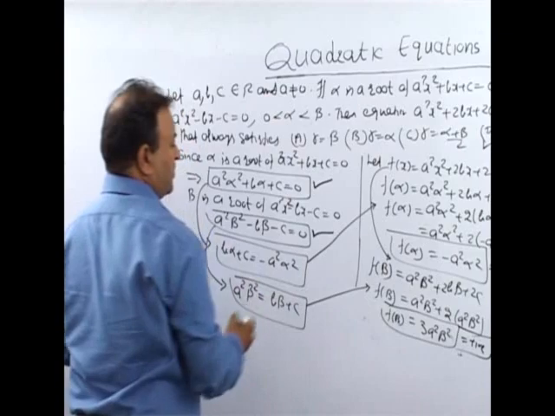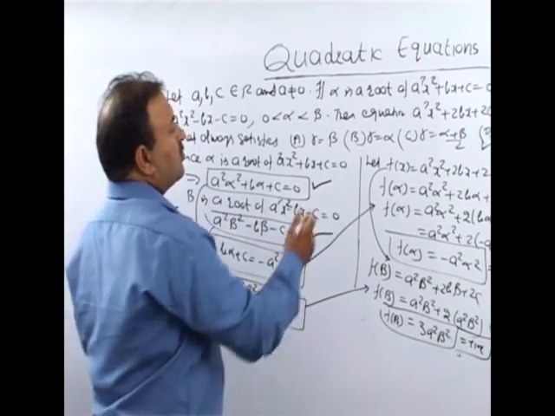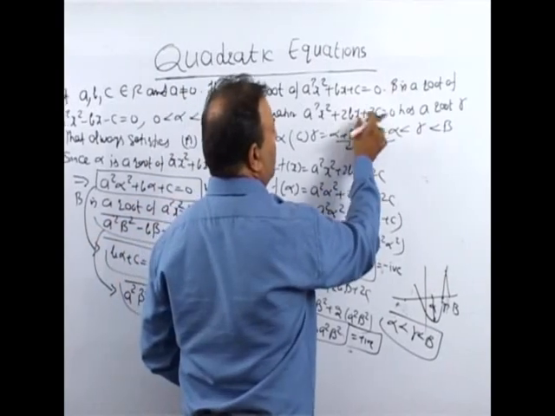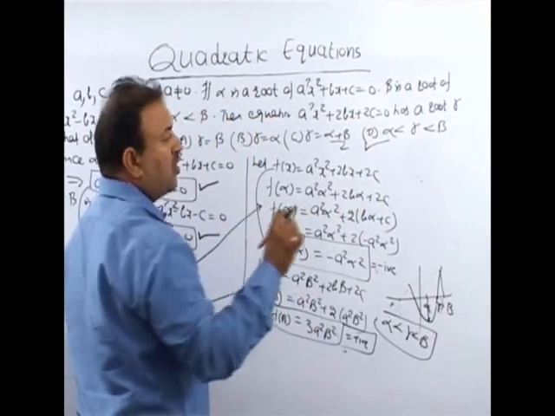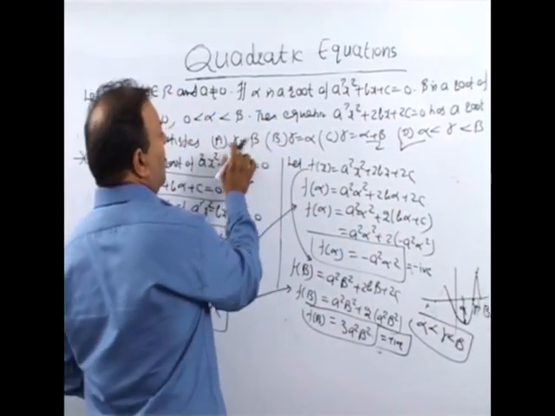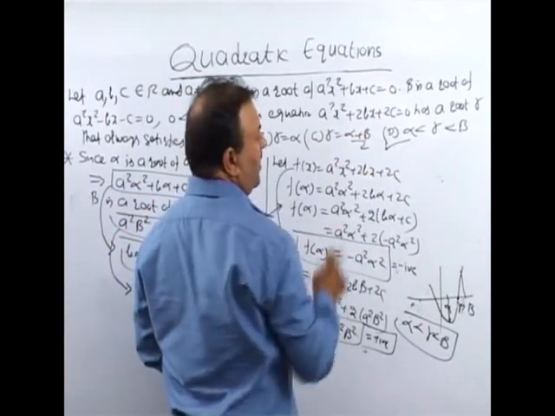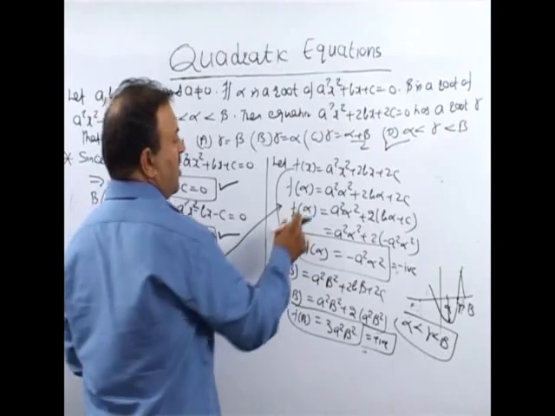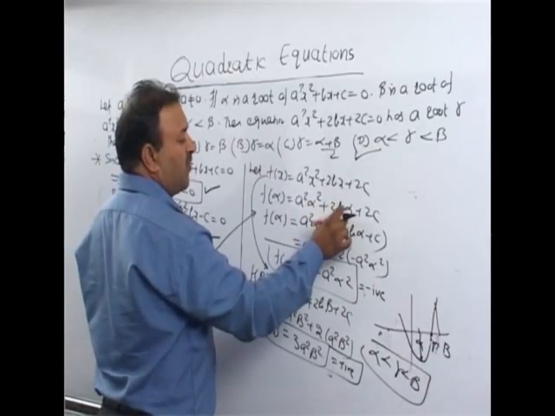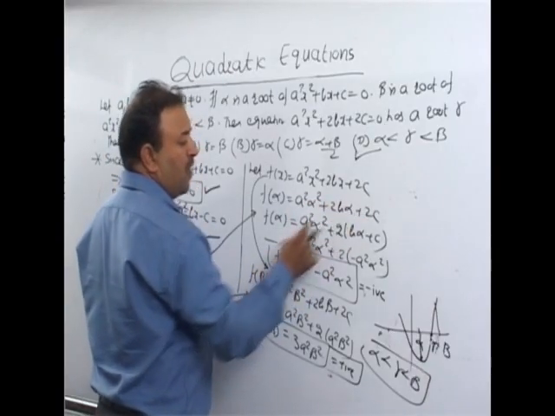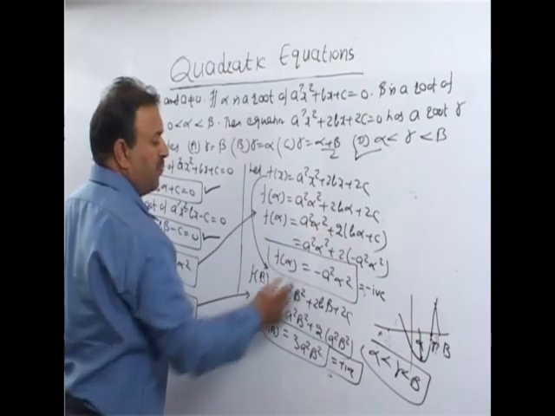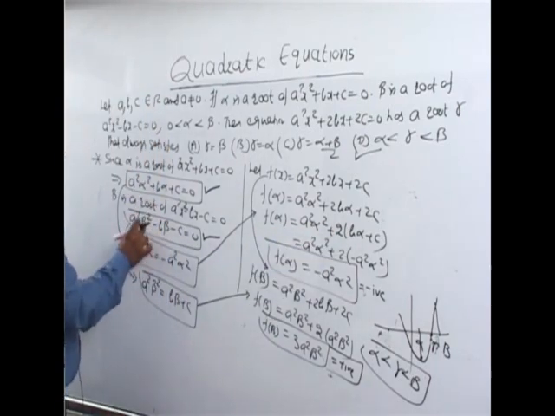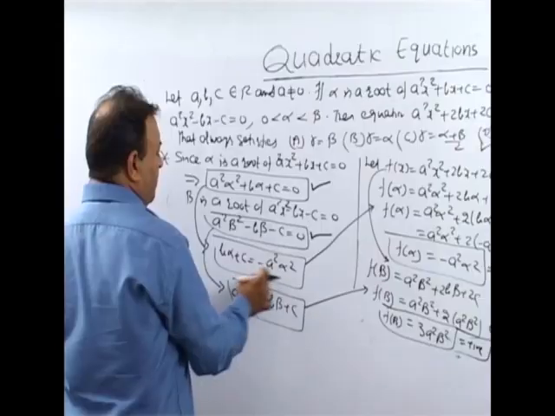I got this equation. Now this equation has been given, and it has one root gamma, and we have to calculate the relation between alpha, beta and gamma. That means we try to calculate the values. F alpha is a square alpha square plus 2b alpha plus 2c. Using the given condition, we find a square alpha square is minus (b alpha plus c).